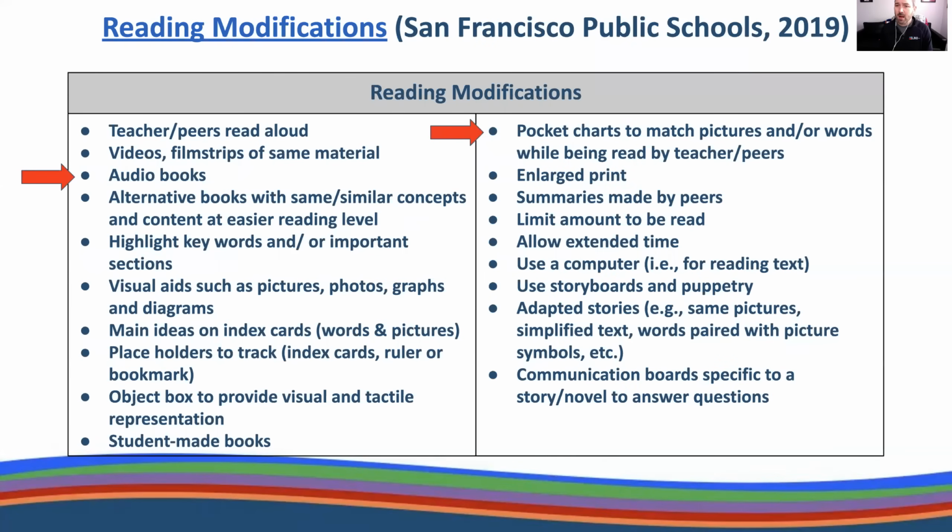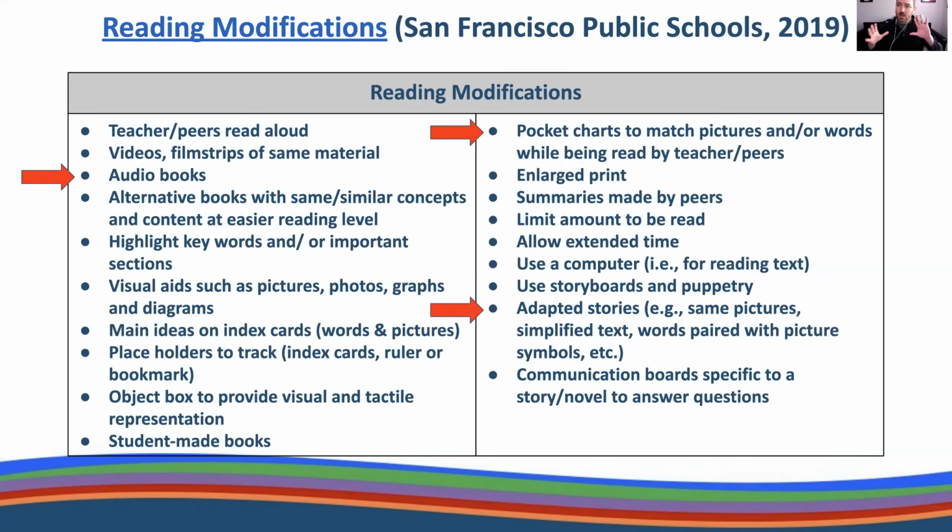Can you provide pocket charts to have students match pictures to pictures, or words to pictures? If they're being read to by a teacher or peers, can they hold up pictures that represent the story, right? And any sort of matching counts as literacy skills. Using adaptive stories. So using the same pictures, simplified text, words paired with pictures and symbols, right?